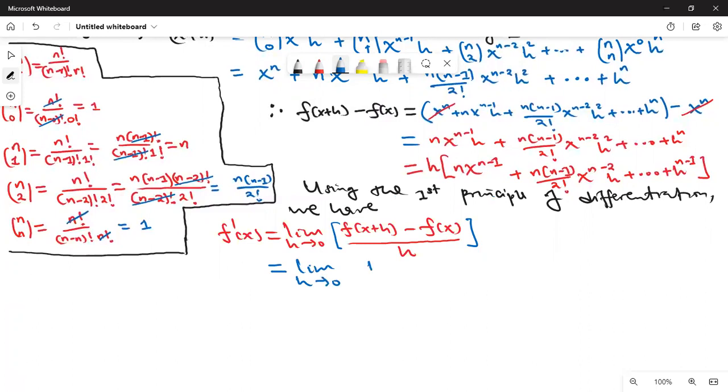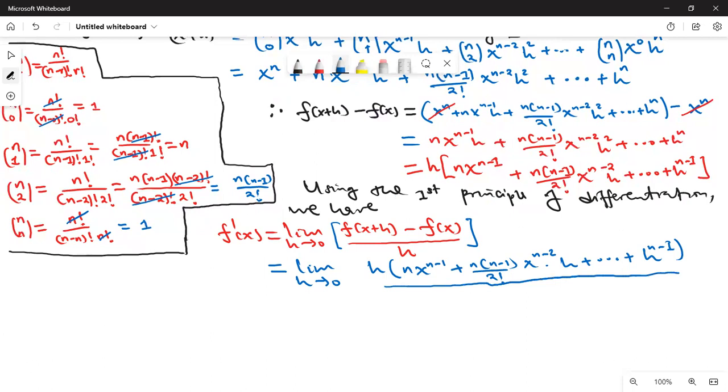In the numerator, we found h times n x raised to n minus 1 plus n minus 1 over 2 factorial x raised to n minus 2 times h, plus so many other higher powers of h up to h raised to n minus 1. That's what we have in the numerator. In the denominator, we have h, so we are dividing by h.